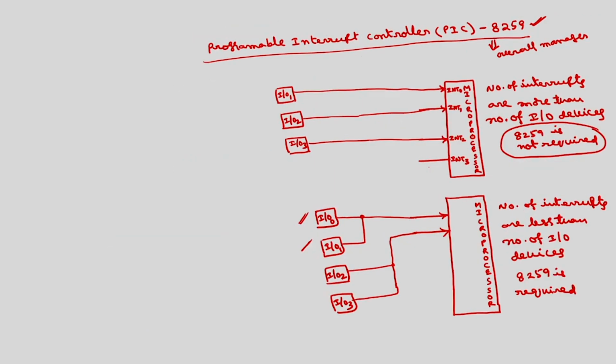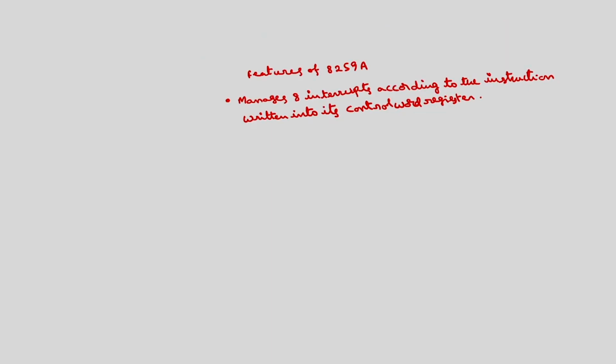The second feature is that it can vector the interrupt request anywhere in the memory map.